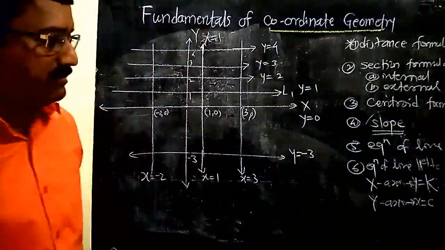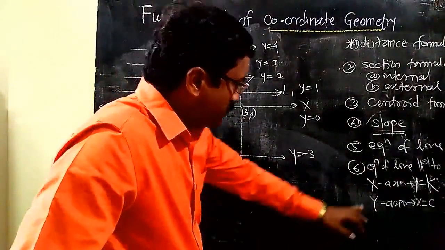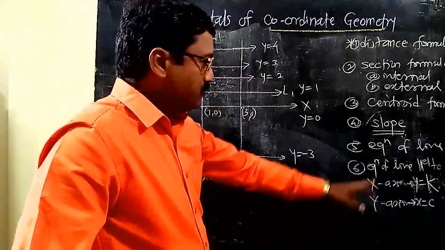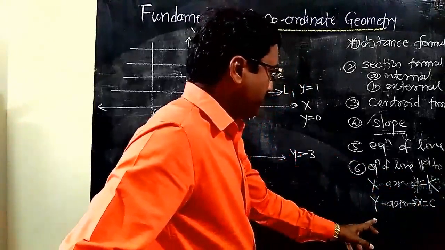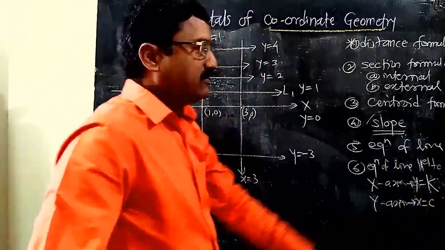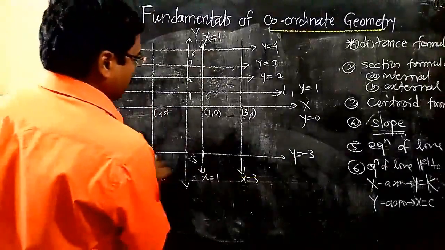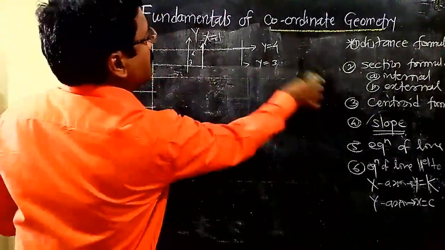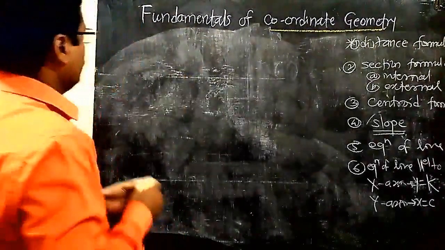We can denote the constant by any letter, k, c, or n. So these are the equations of lines: if a line is parallel to the x-axis, the equation is y equal to k, and if a line is parallel to the y-axis, then its equation is x equal to constant. So these are some basic concepts that we need in our first topic, locus.